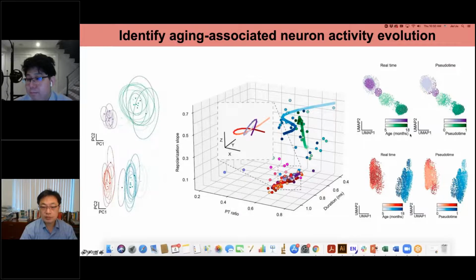Meanwhile, there are other neurons which show a change of their electrical property over the time course of the aging.